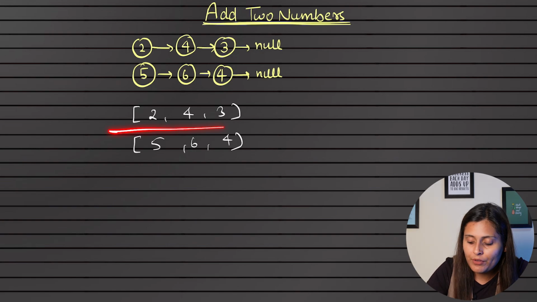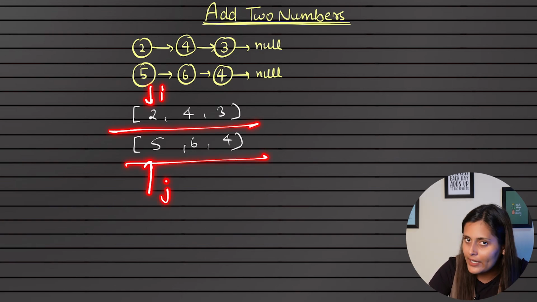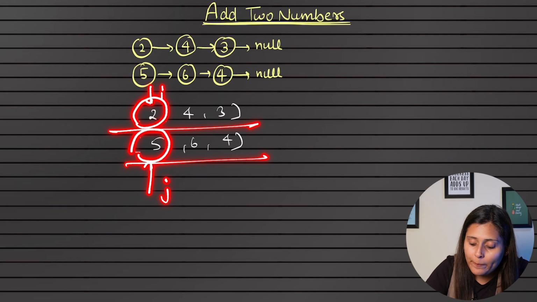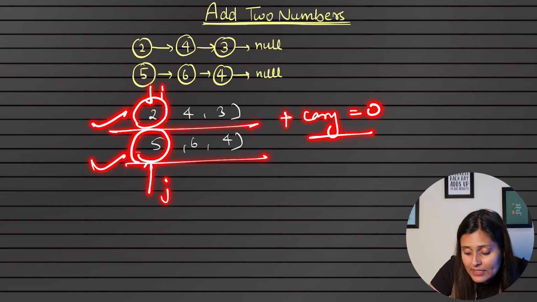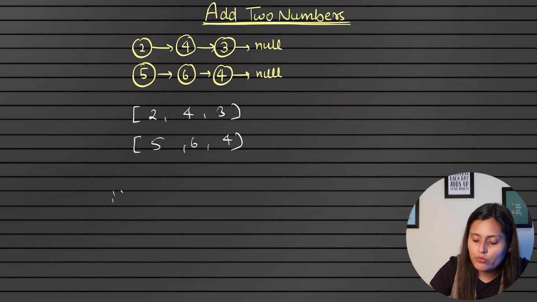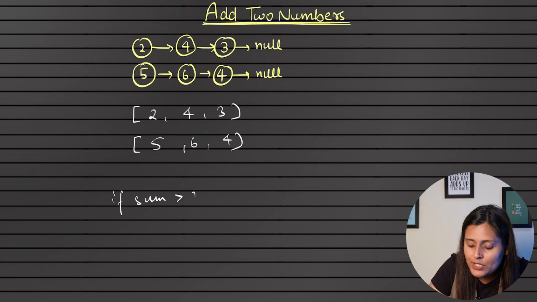Now what we will do, we have these lists, we will start our i pointer and we will start our j pointer, correct? Now we will add 2 plus 5 plus carry. Remember, initially carry will be 0, no problem, but 2 plus 5 plus carry will be our final summation. What is the final summation? 7. So we'll check, hey, if our summation is greater than 9. In this case it's not, correct?